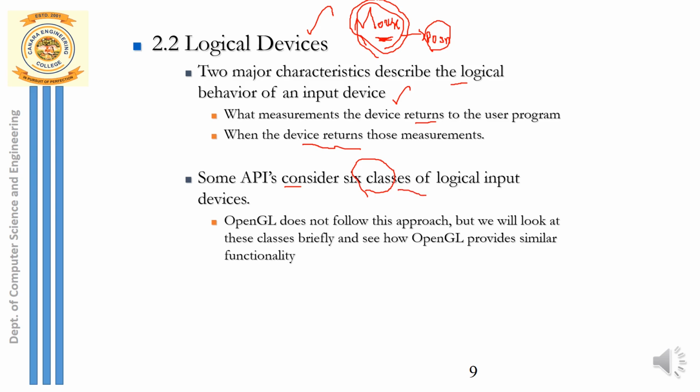OpenGL doesn't follow this approach, but these classes should be looked into briefly, because OpenGL also provides a similar type of functionality. So these 6 classes of logical input devices we will see. Remember, this is important from the exam point of view. Usually they ask this in the exam question.